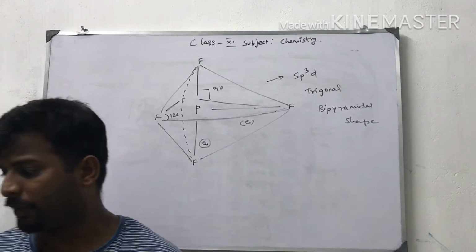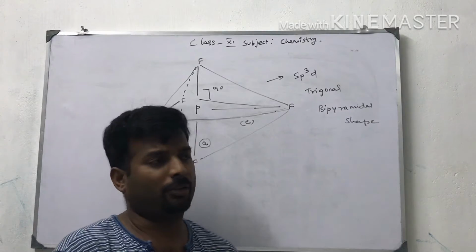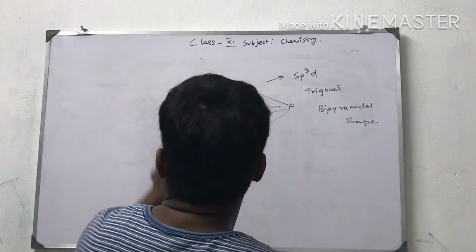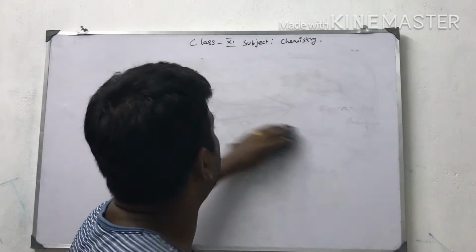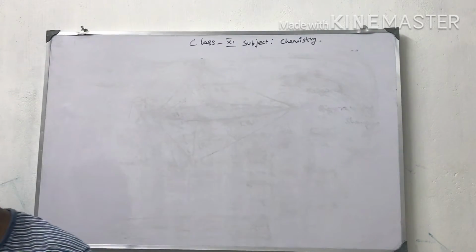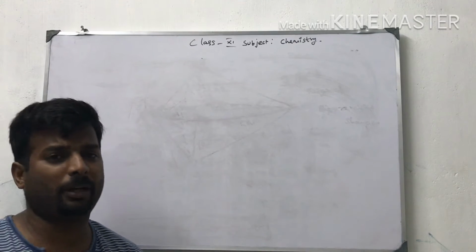Now I am going to draw the orbital diagram for them. sp3d hybridization: one s orbital, three p orbitals and one d orbital hybridize to form the sp3d hybrid orbitals.